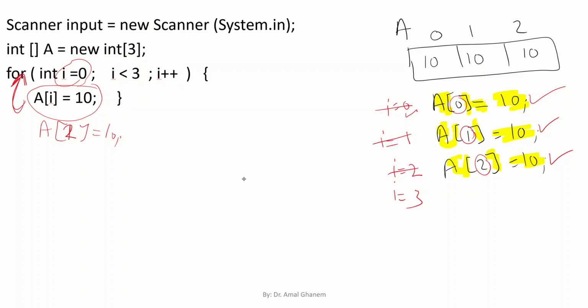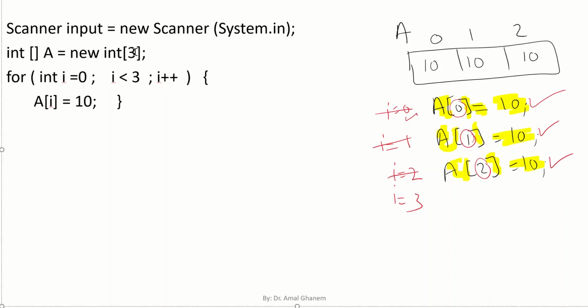So here what we did, instead of writing 3 statements to do the initialization, I have only one for loop and I have only one statement. Even if the size of my array is 100, still it will do the same job. So if I need the size to be 100, simply we will just change the size here as 100 as well.